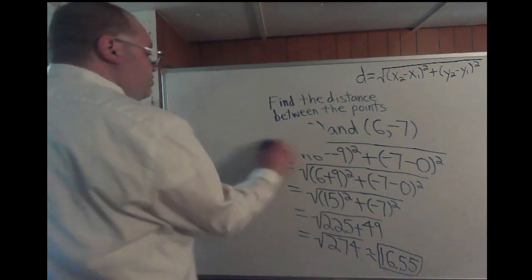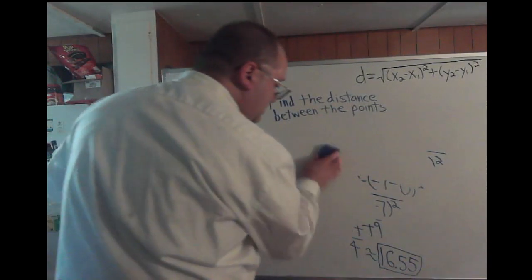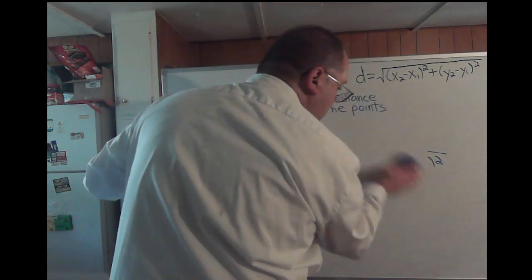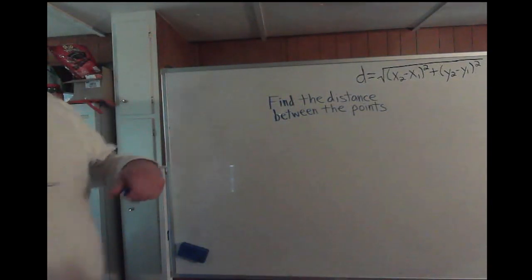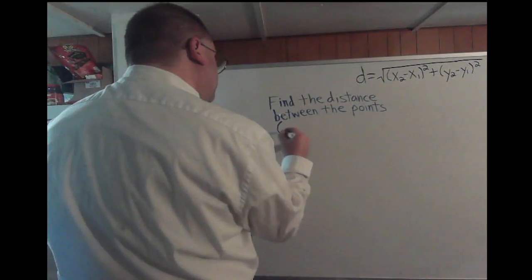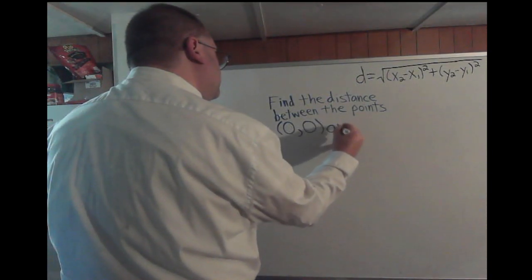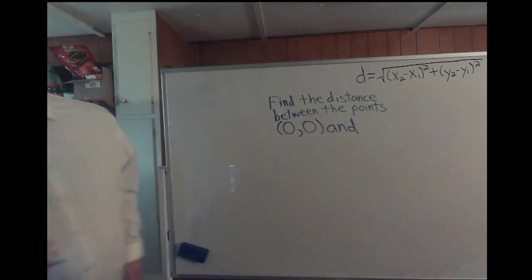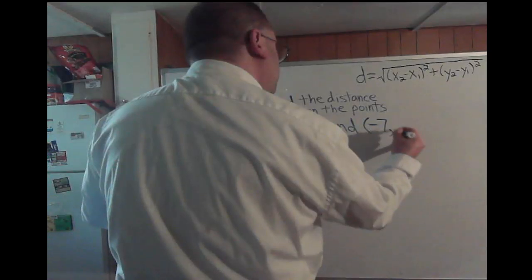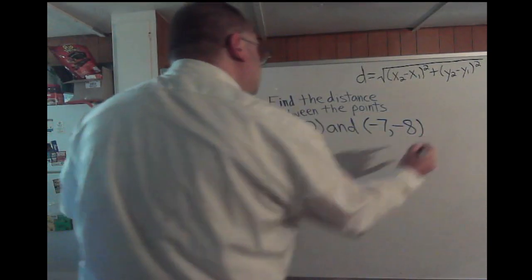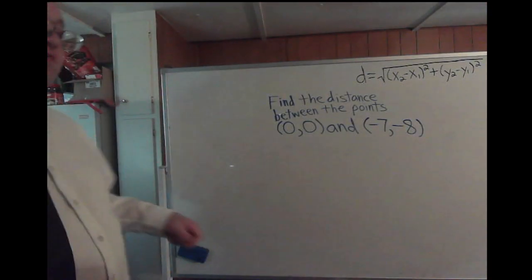All right, let's do one more normal one here. Find the distance between the points 0, 0, and negative 7, negative 8. So we're going to find the distance between the points 0, 0, and negative 7, negative 8.